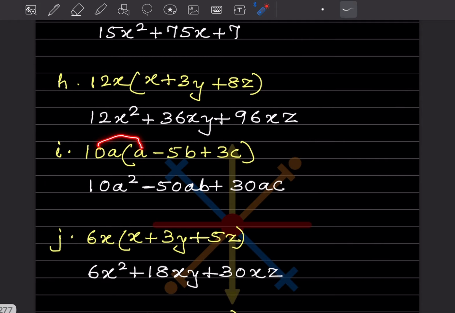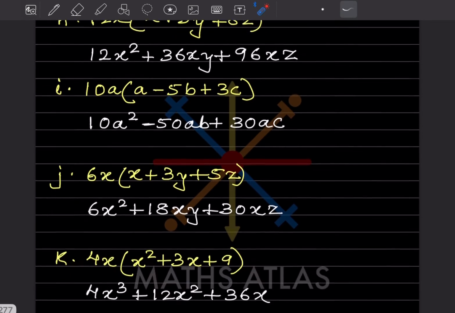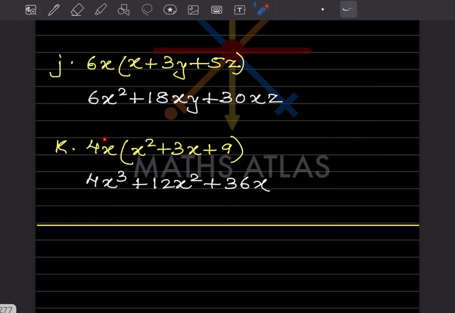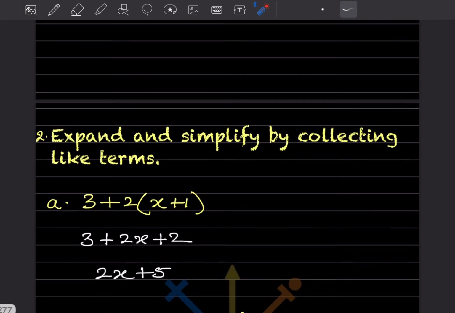So this will be 10a square minus 50ab, and this is going to be plus 30ac. This will be 6x square plus 18xy plus 30xz. This will be 4x into x square, that will be 4x cube, 12x square, and this is going to be 36x.